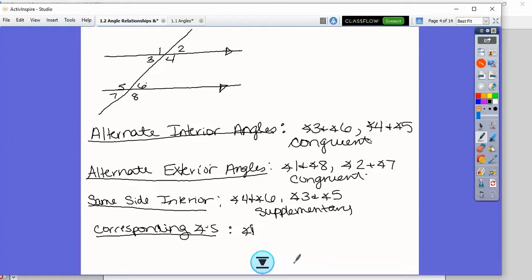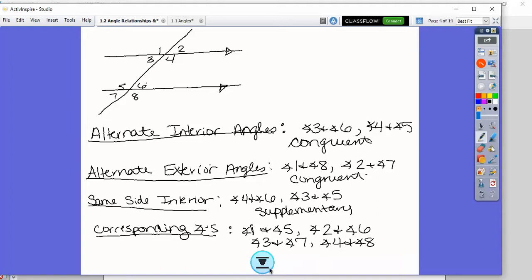So it would correspond to another angle that is above the parallel line and to the left of the transversal. So that would be? 7. 7 is below the parallel line. Okay. 1 and 5. Okay, so then 2 would match up to 6. 3 and 7. And the last one, 4 and 8.